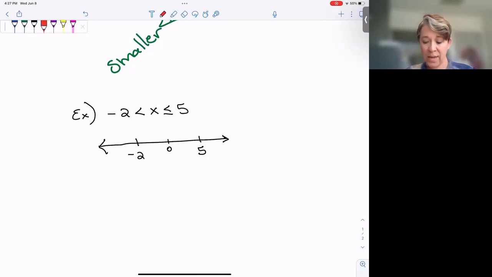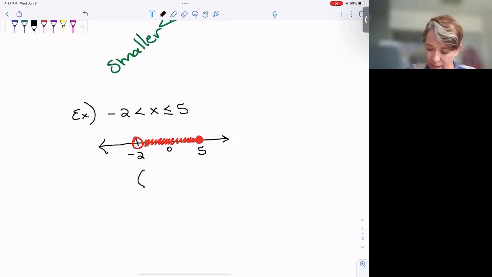Notice between the -2 and the x, it's just less than, so we would have an open circle here. But between the x and the 5, it's less than or equal to, so it would be colored in, and x is between the two. So any value in between -2 and 5 would work. In our interval notation, the -2 is not included, so we use a parenthesis. The 5 is included, so we use a bracket.